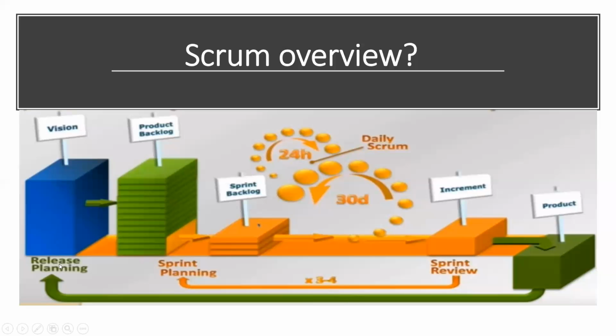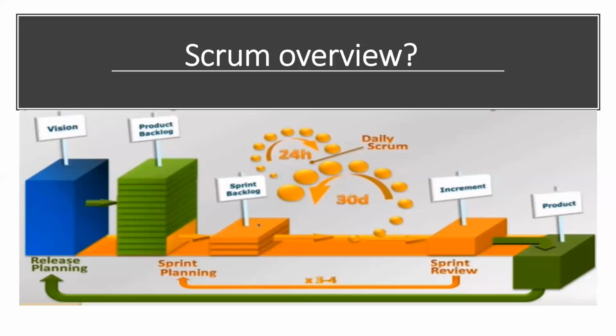inline requirement vision. Okay, so this is the overview of Scrum, starting with the vision, putting it into the product backlog, and putting it into the sprint backlog. The sprint team will pull some prioritized items from here and start planning, scheduling and conducting meetings, creating documents and requirements, and spending 24 hours to 30 days to get this product increment.